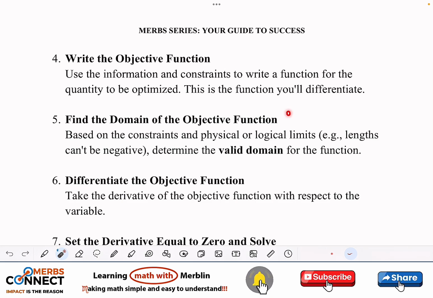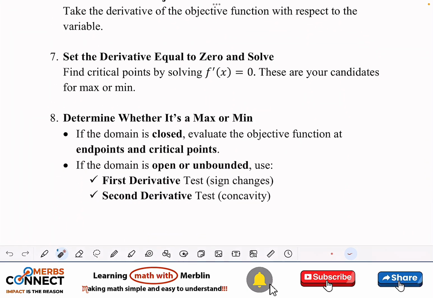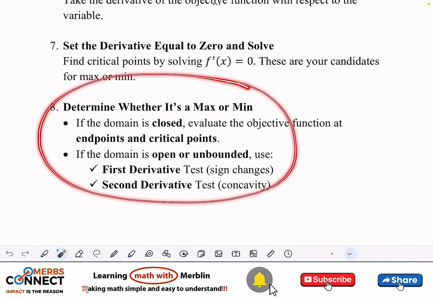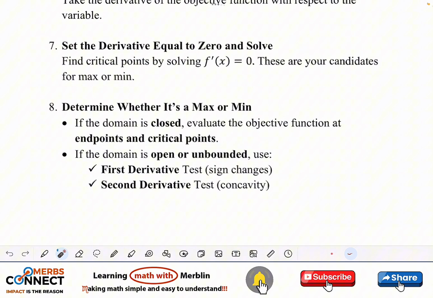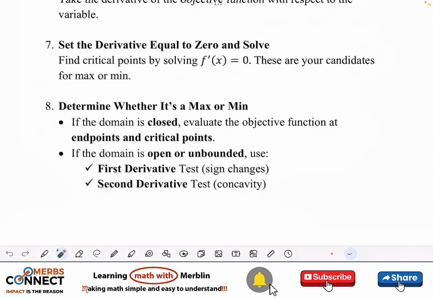You need to find the domain from the objective function, then differentiate the objective function, set it to 0 and solve for the critical values. And then from there, whatever the question is asking, whether you are finding the dimensions, or you want to maximize or minimize, you take it from there.